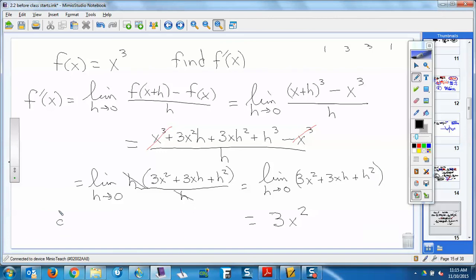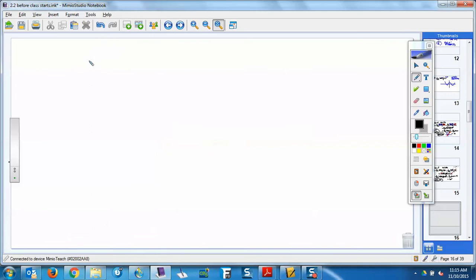So what we just said, using our Leibniz notation, is that the derivative of x cubed is 3x squared, right? That was so much fun.